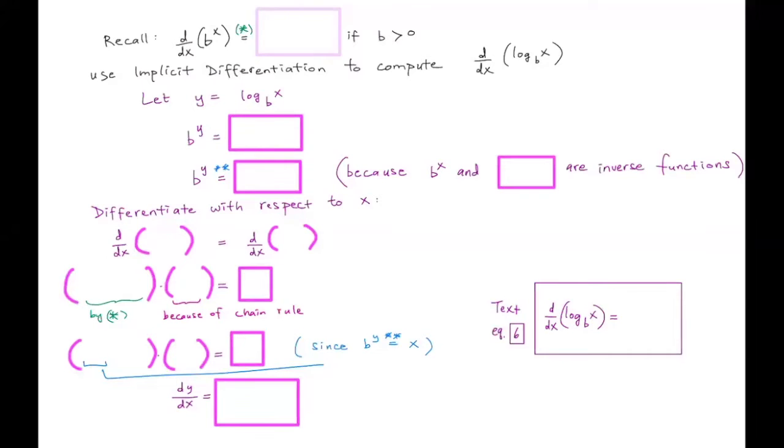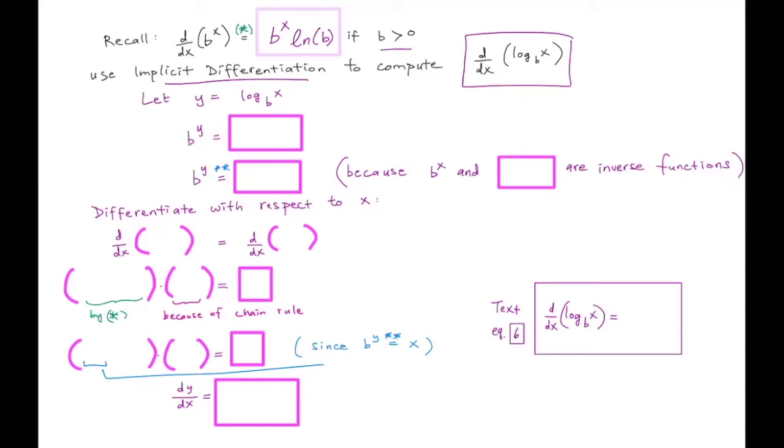Last time, we learned that the derivative of b to the x, if b is a positive number, is equal to b to the x times the natural log of b. We can use this fact in implicit differentiation to compute the derivative of log b of x.